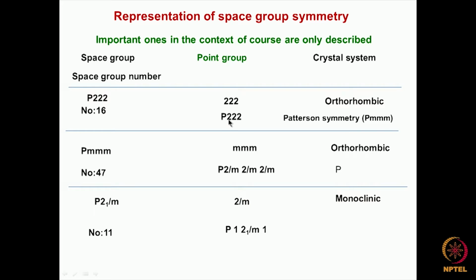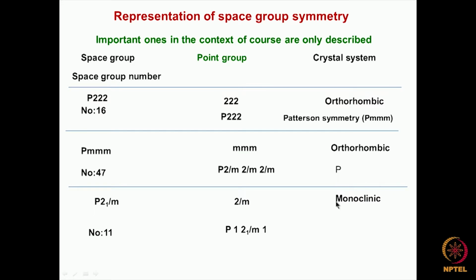And then here a detail of the various symmetry elements are being given for the orthorhombic structure, and then this number 16 is given. Number 16 means that in sequence 1 to 230 it is being represented. So this is given as the 16th representation. Okay.